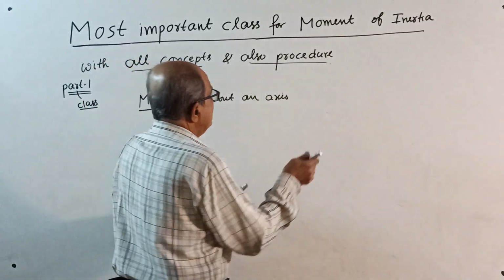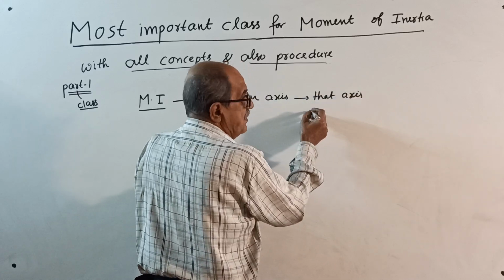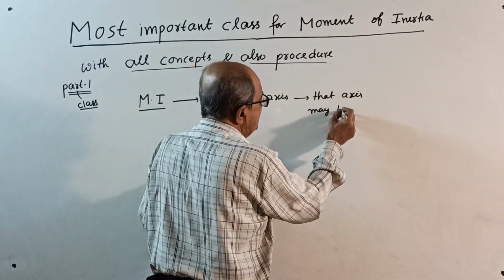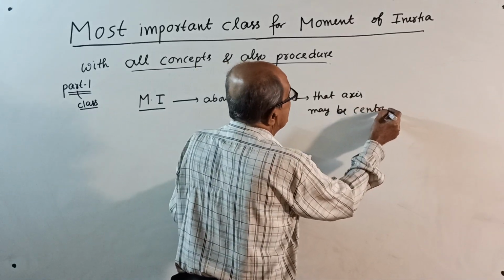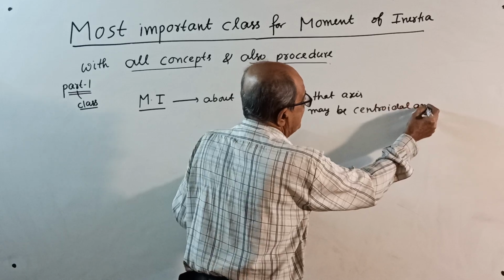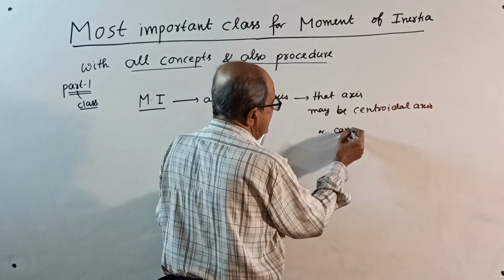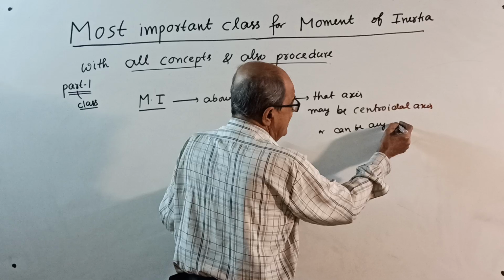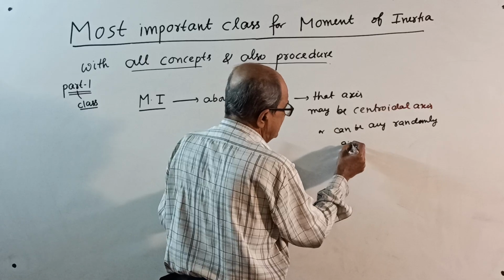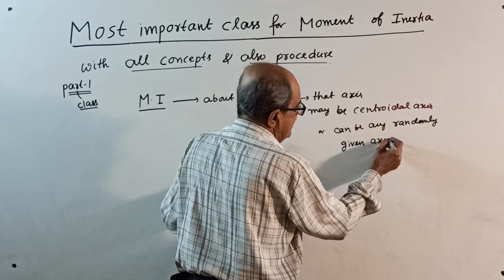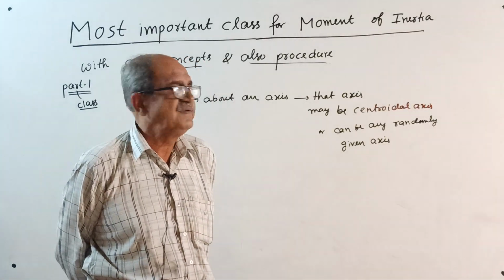It may be a centroidal axis, or it can be any randomly given axis, meaning the axis given in the question. That can be either a centroidal axis or any randomly given axis.